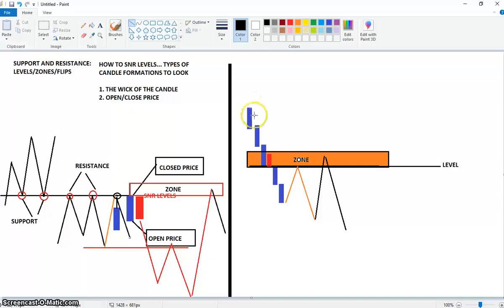Price cannot keep just going down and down. It's not possible. Price must go down and then go up. All right, price will go down and then pull back to levels. So they're either going to pull back to a level, or they are going to pull back into a zone.